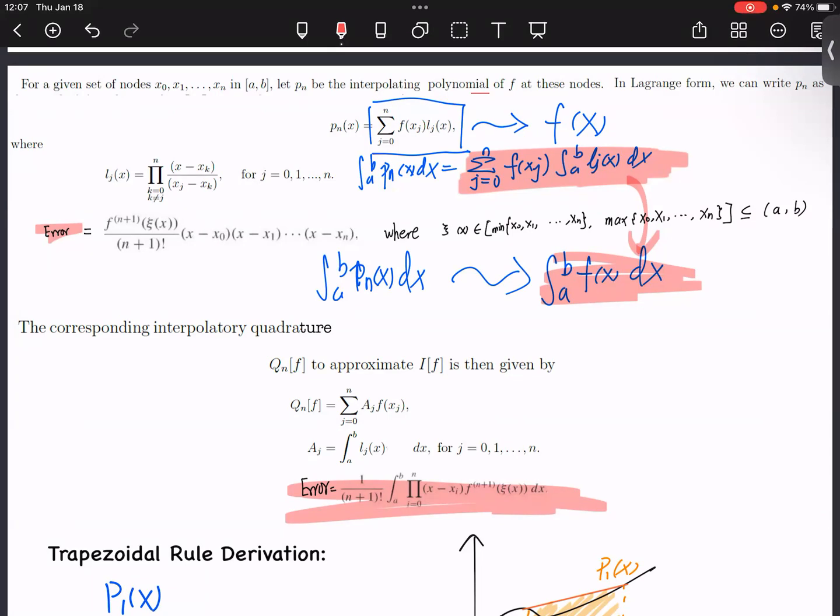This is the error term for the interpolation. If we want the error for the integral, it is just the integral of the error term here.